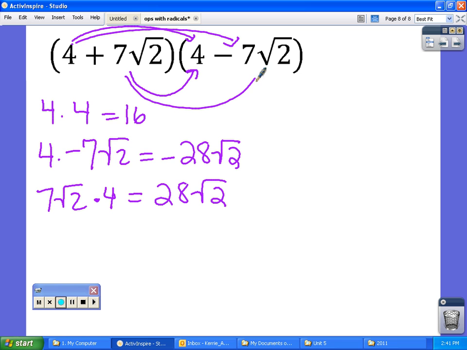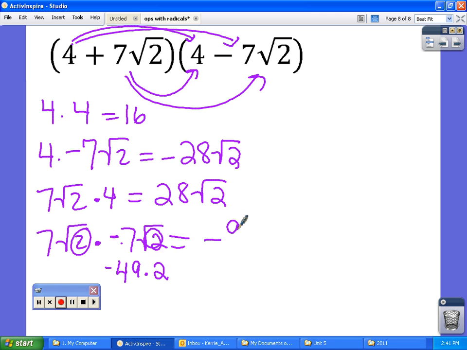And then I'm going to do 7, the square root of 2, times negative 7, the square root of 2. And this is a special trick that I didn't talk about. When they match perfectly, you drop the radical, because I have a pair of 2s, so the 2 is going to come outside. 7 times negative 7 is negative 49, times the 2 is negative 98.